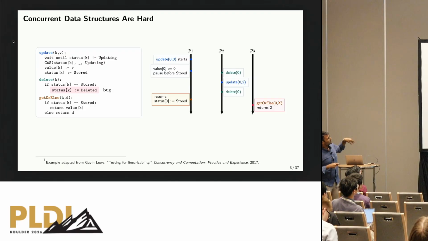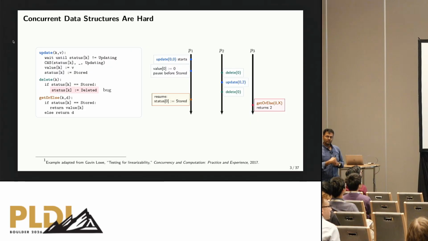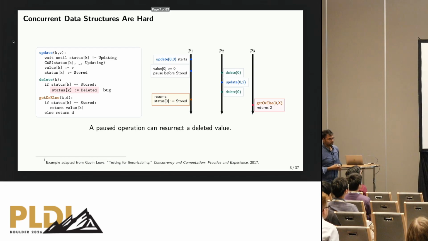And I don't think I have the time or the interest to go through the entire example, but the broad outline is that if there are multiple clients who are trying to invoke these different functions, they may interleave in strange ways, and if your implementation is not careful, you will get some really, really weird answers.